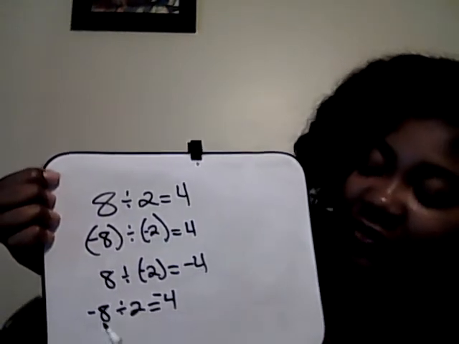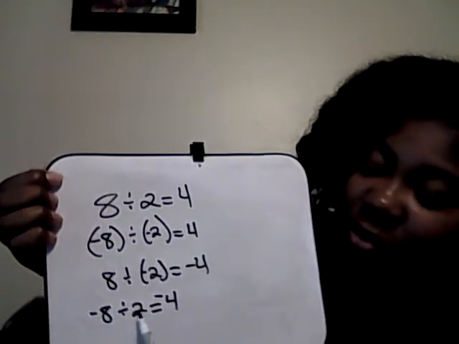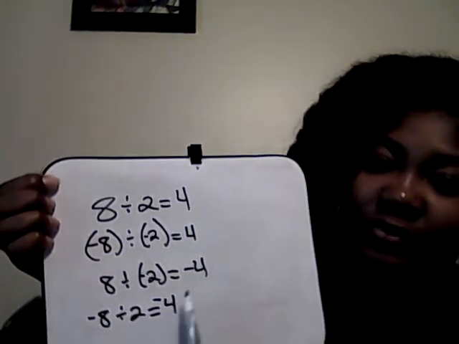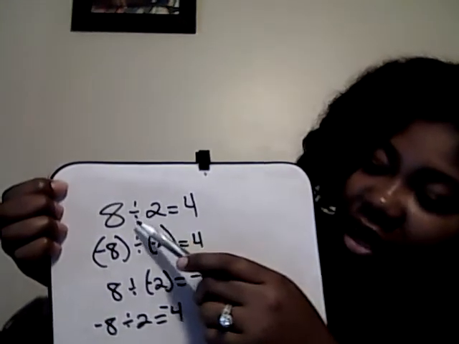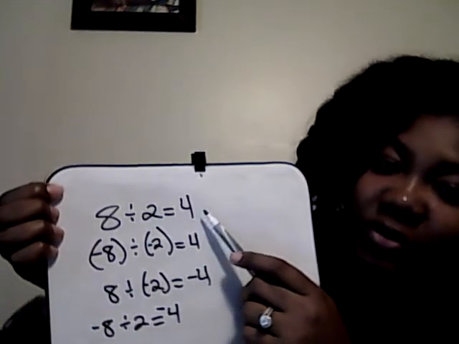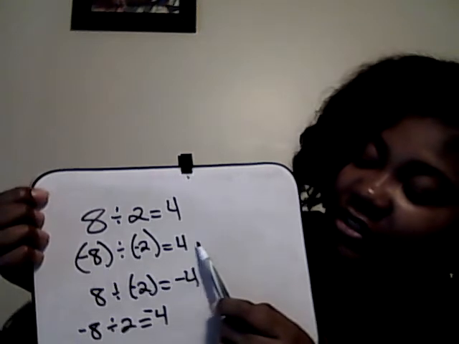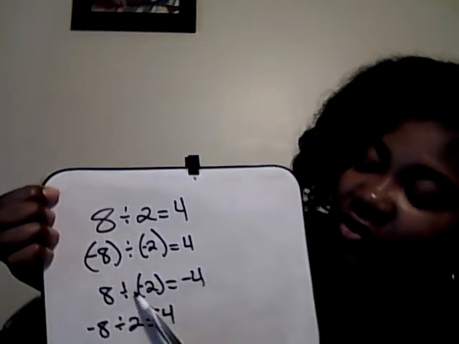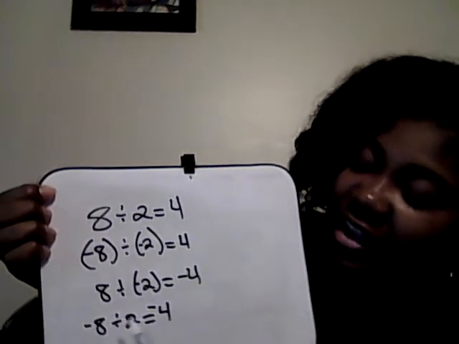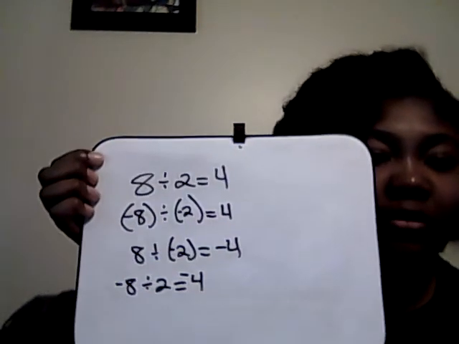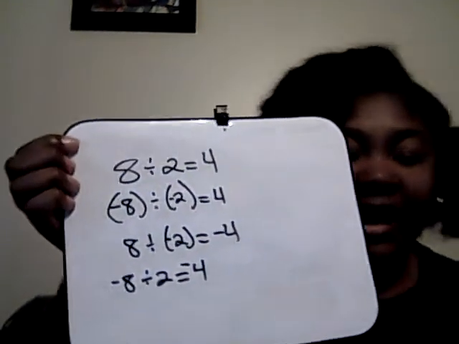And then we have a negative divided into a positive, and it's going to give us a negative 4. Okay? So positive and positive will always be positive. Negative and negative in division will always be positive. Positive divided into a negative will always be negative, and a negative divided into a positive will always be negative as well.